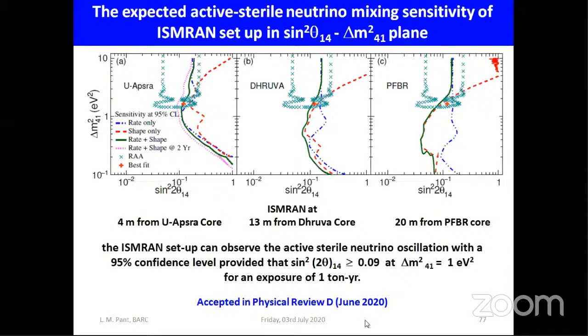So with the full detector, how many years will be required? About a year. So the full 1 year. Okay. The full detector is close to 1 ton now. Yeah. So within 1 year. Yes. Okay. Thank you.